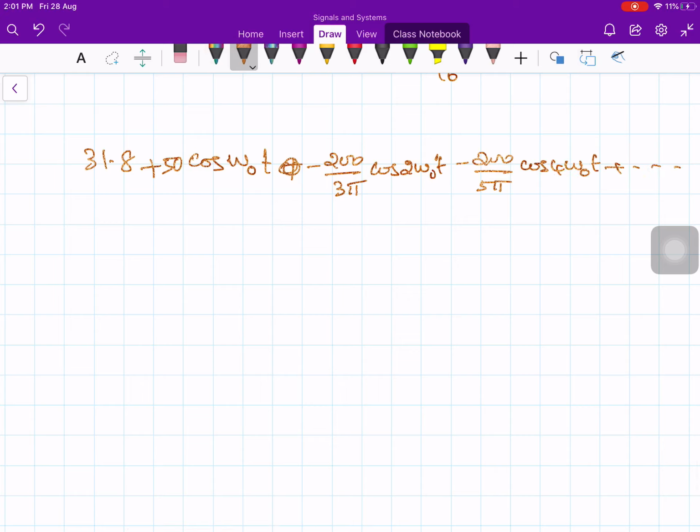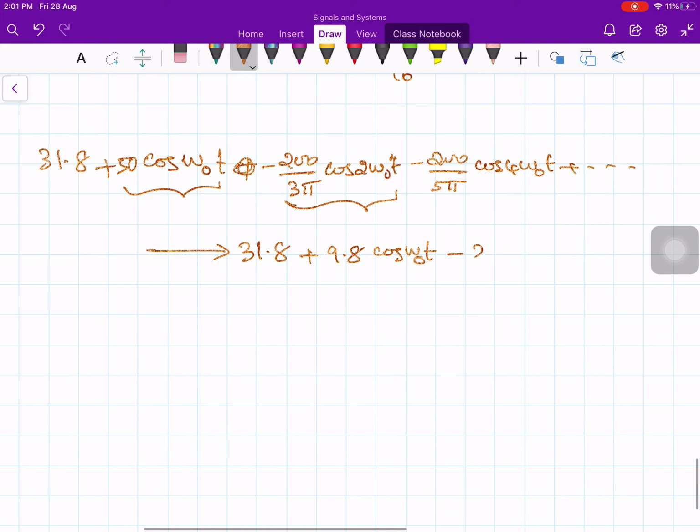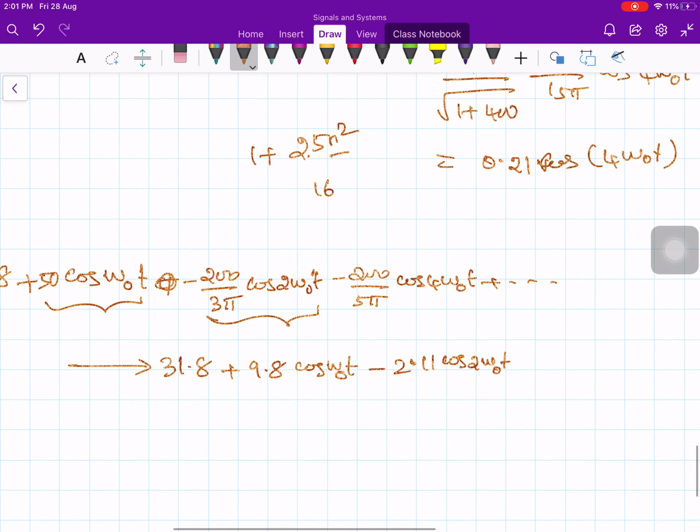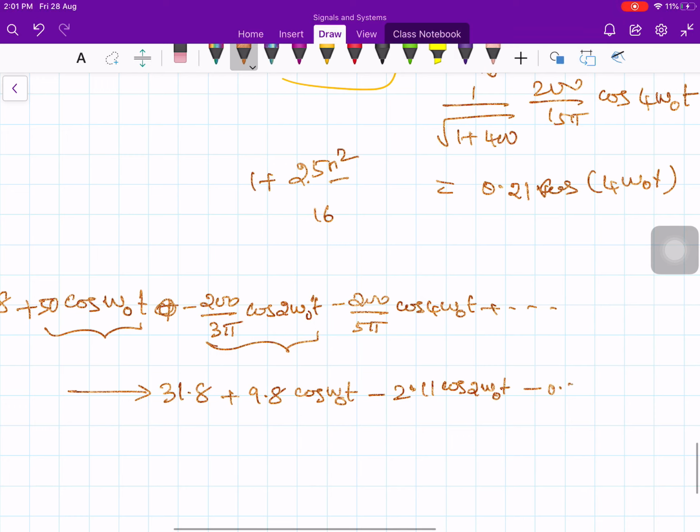The output is the summation of all the responses. So 31.8 comes as 31.8, and the 50 cos omega naught t comes as 9.8 volts times cos of omega naught t, and the next becomes 2.11 volts times cos of 2 omega naught t, the second harmonic, minus 0.21 times cos of 4 omega naught t.